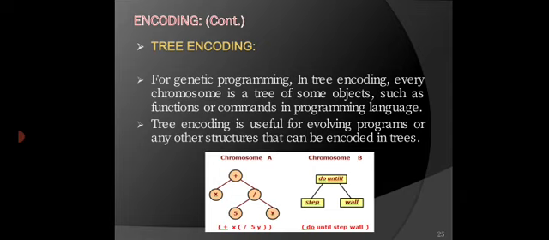Say chromosome A, as a tree encoding method, the signs used are plus, X, L, 5, Y. Then chromosome B: do until, step, wall, like this. Interconnected values are there, then tree encoding is done. So for genetic programming, the first step is encoding.